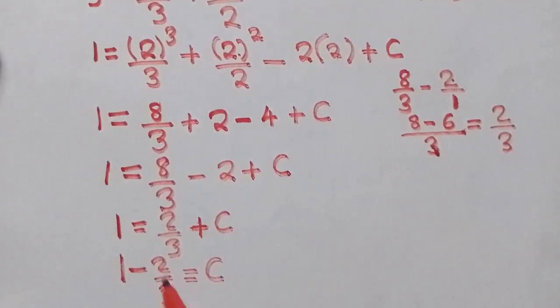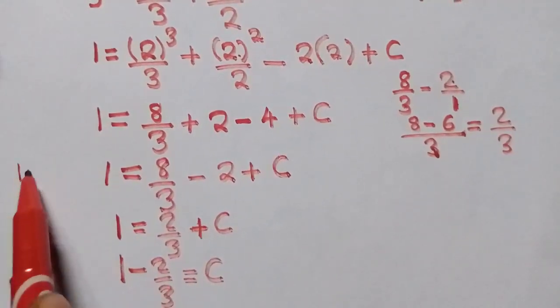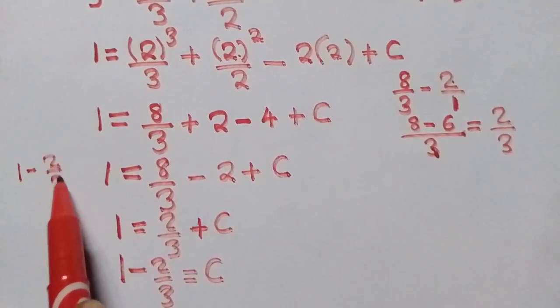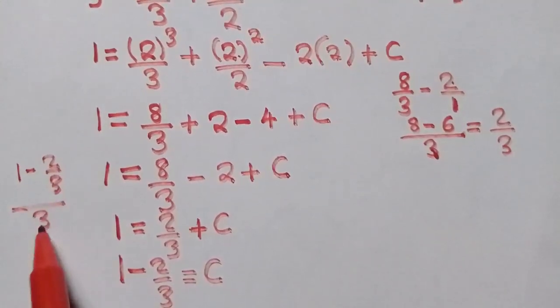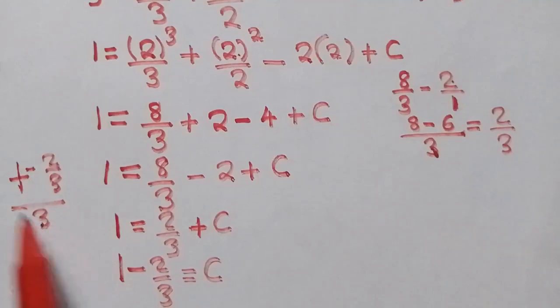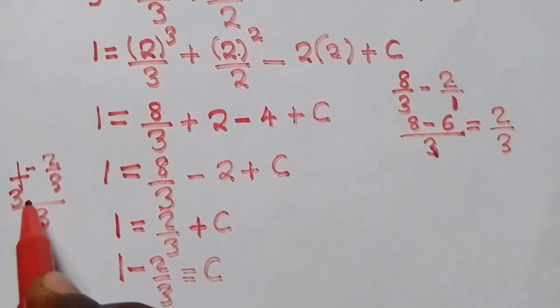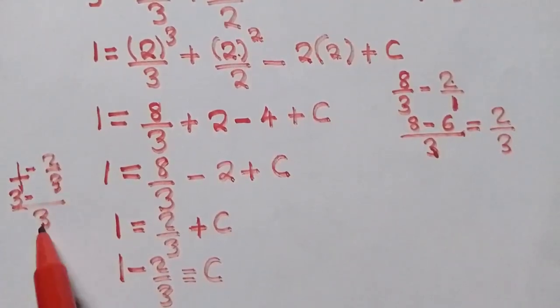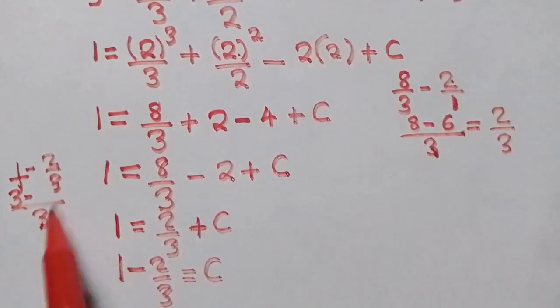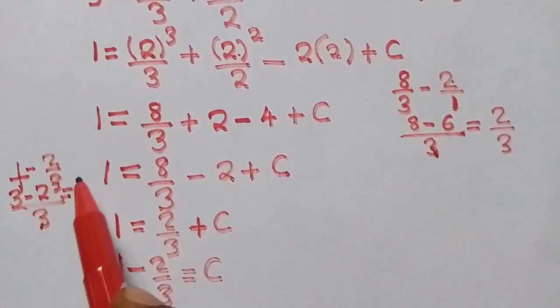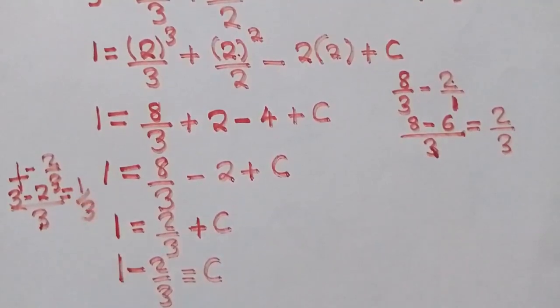So you evaluate this part. This is 1 minus 2 over 3. Common denominator 3. You put a 1 there. 1 into 3, 3. 3 times 1, it is 3. Minus this into this: 3 into 3, 1. 1 times 2, it is 2. So it is 1 over 3.